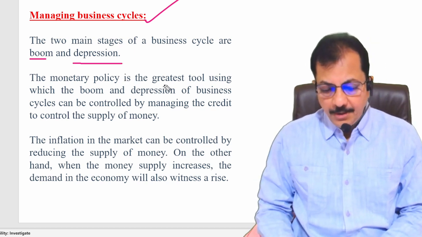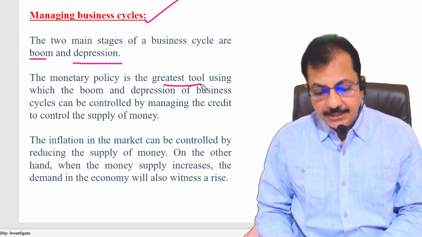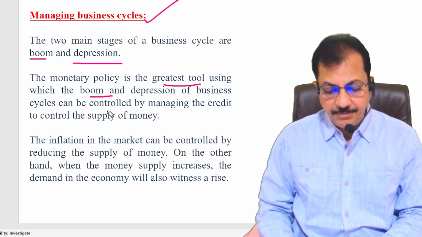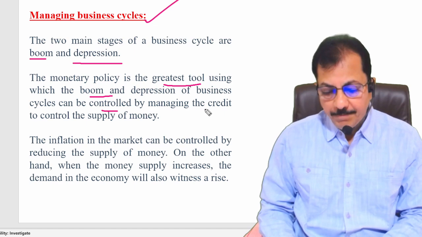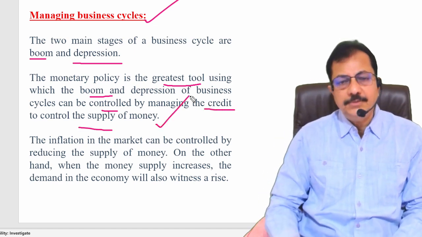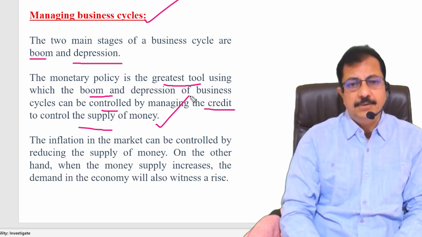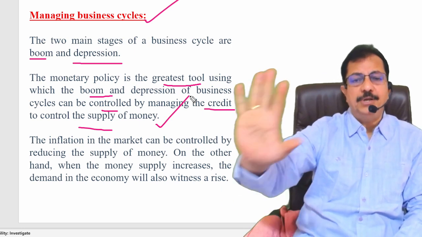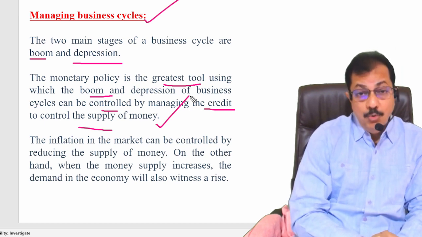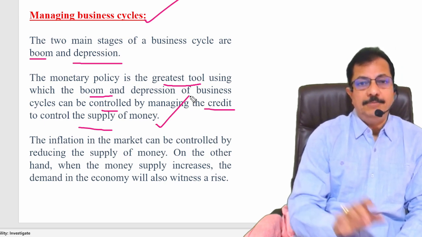Clear? Monetary policy is the greatest tool using which the boom and depression of business cycles can be controlled by managing the credit to control the supply of money. When there is a depression, go for expansionary policy, release more money into the market. When there is a boom, then what should be done?